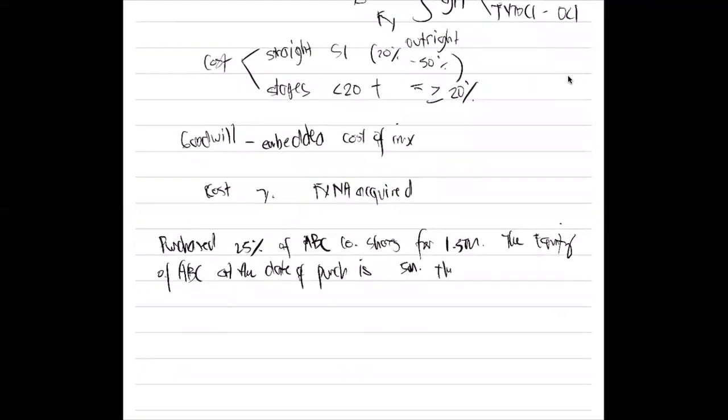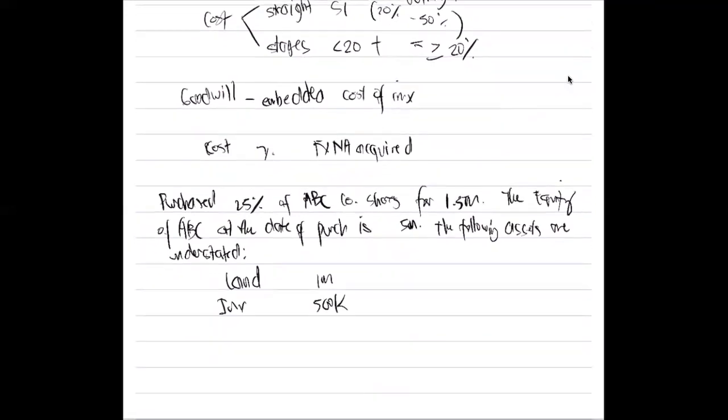The following assets are understated. We have land understated by 1 million, inventory understated by 500,000, and property or machinery, which is understated by 700,000 pesos.